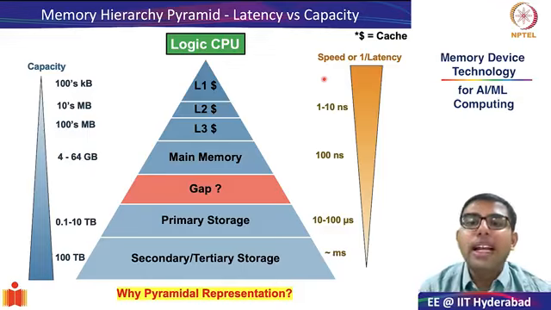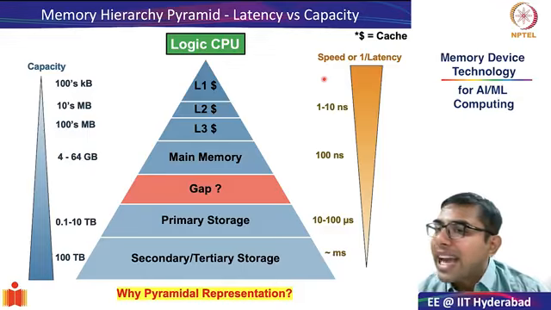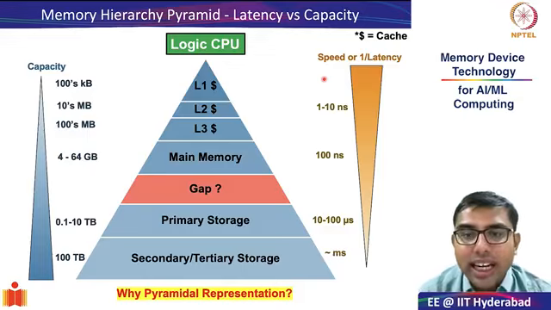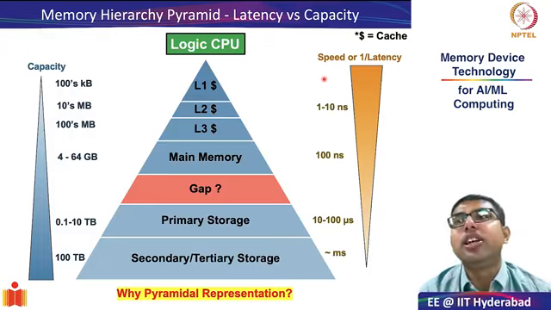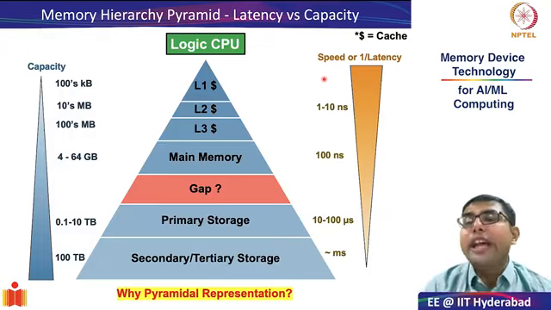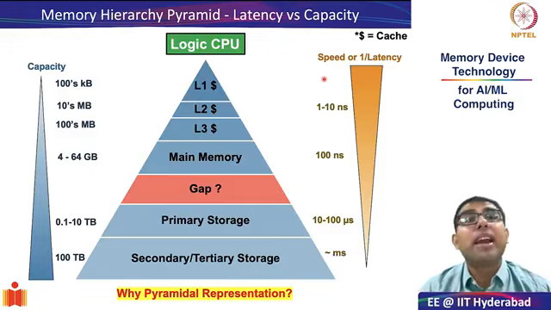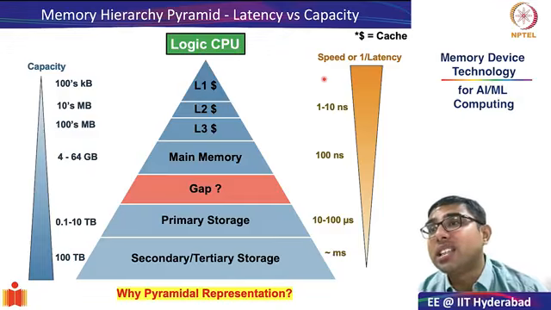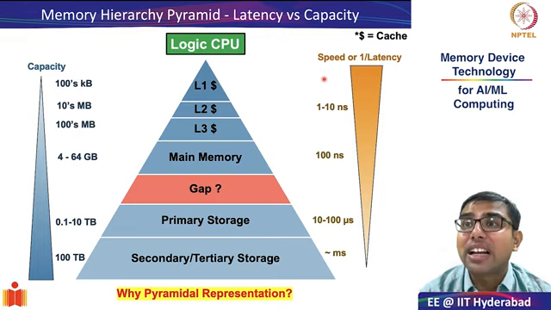Okay, so while the latency from the caches is in the order of nanoseconds, in main memory it is in the order of hundreds of nanoseconds. In primary storage, it can be as high as microseconds, tens to hundreds of microseconds.